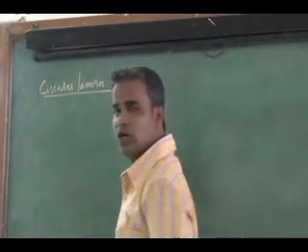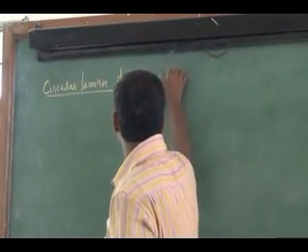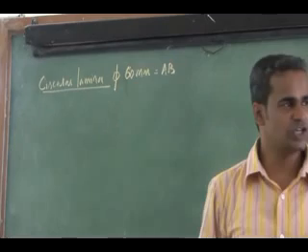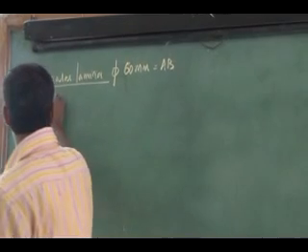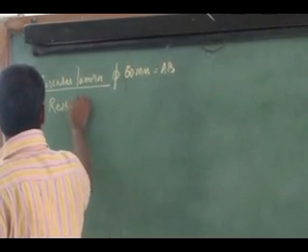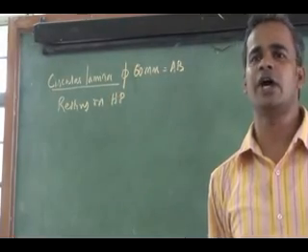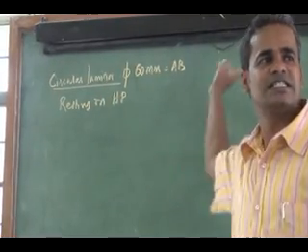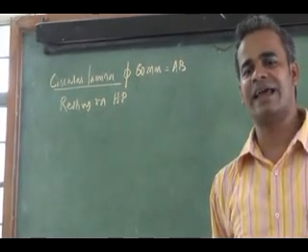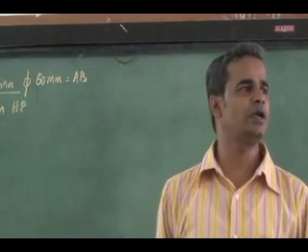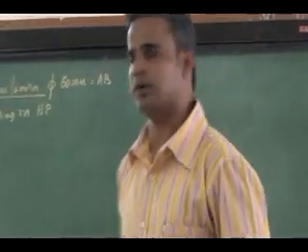A circular lamina of diameter AB 60 mm, resting now at circumference point A on HP. It is resting on HP, such that the diameter AB appears to be inclined 40 degree to VP.